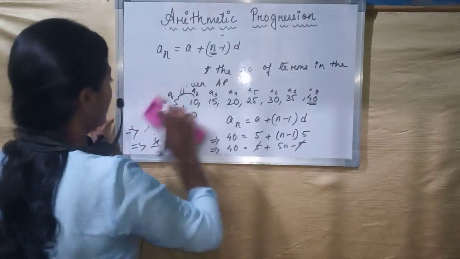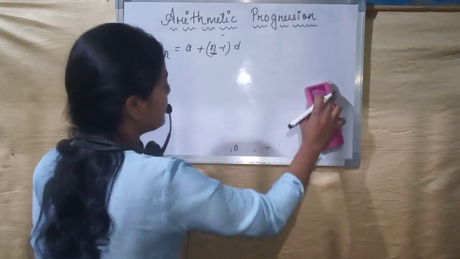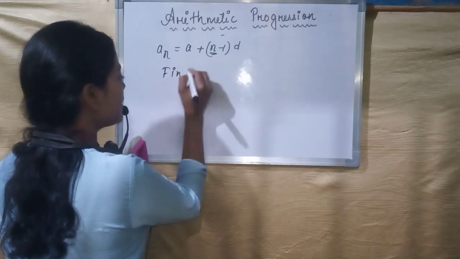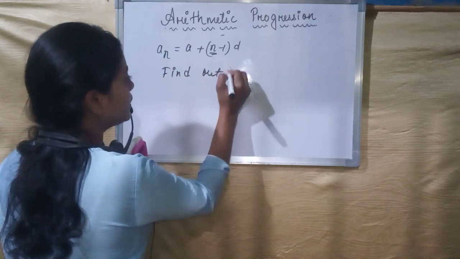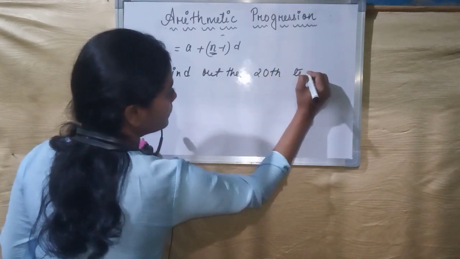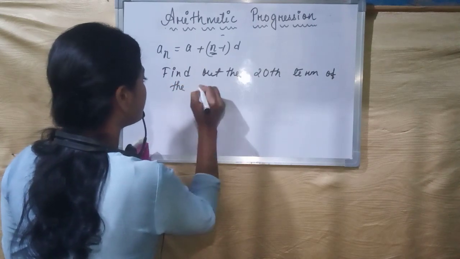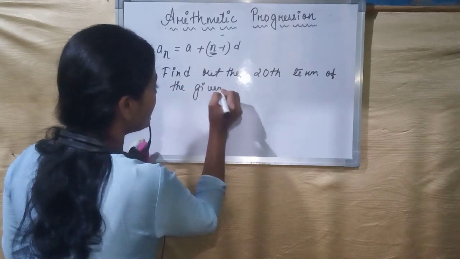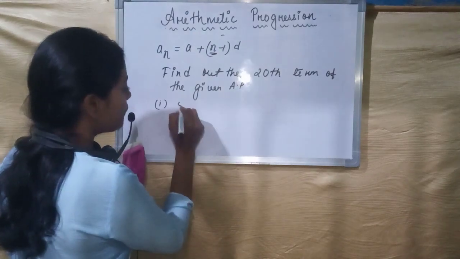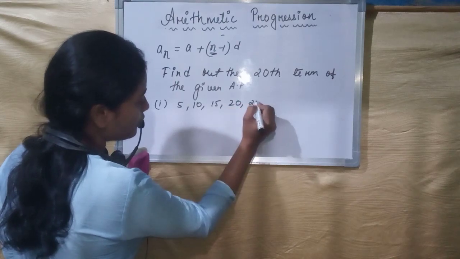Now suppose the question is given: find out the 20th term of the given AP, and the AP given is the same AP, 5, 10, 15, 20, 25, 30.